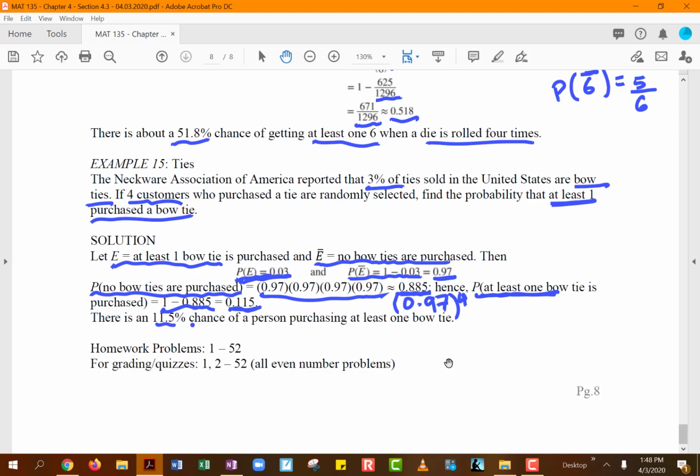So we're basically saying there's about an 11.5% chance that a person would purchase at least one bow tie. So pretty small probability, right? I guess bow ties are not that popular. So just something to kind of think about.